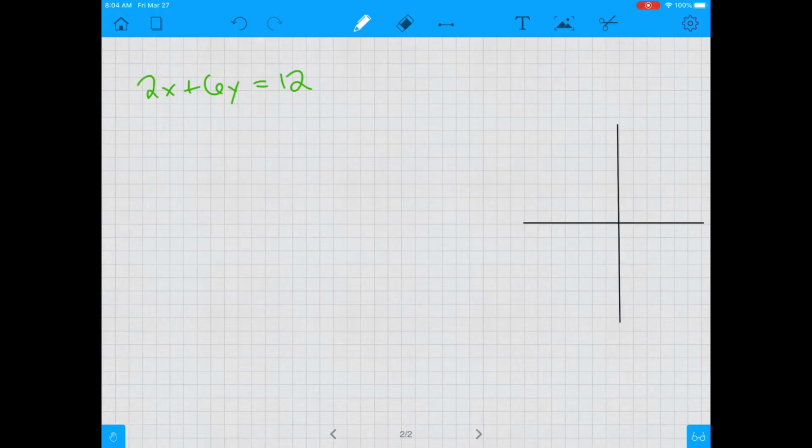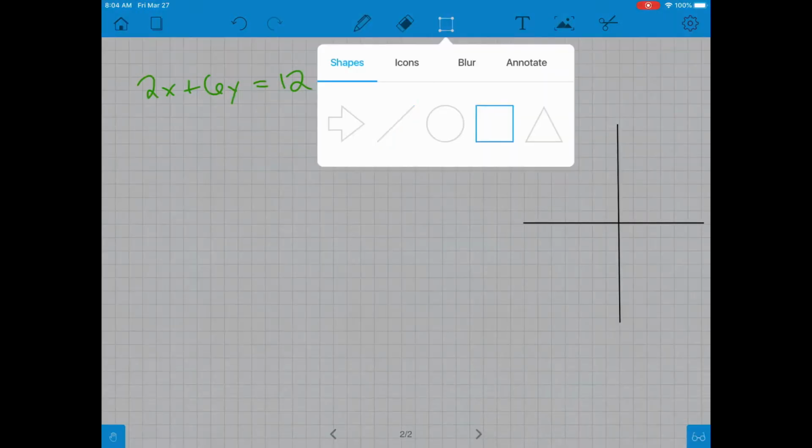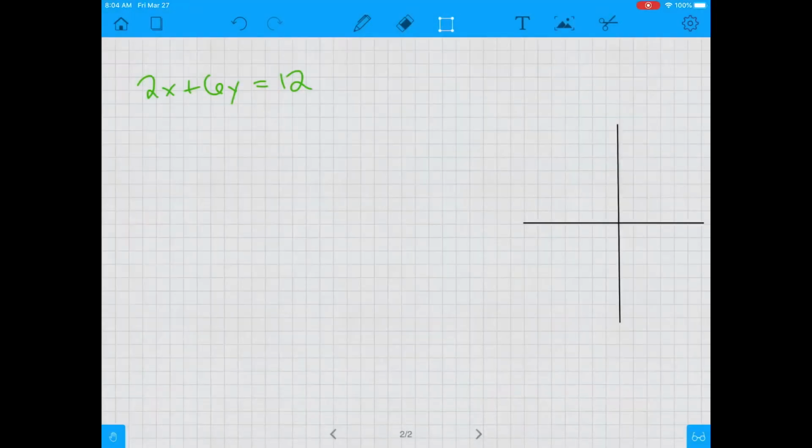So the cover-up method says, right, if I'm looking for the x-intercept, all I have to do is look at one thing at a time. So when I'm looking for the x-intercept, I just look at the 2x, I forget about the 6y, right?